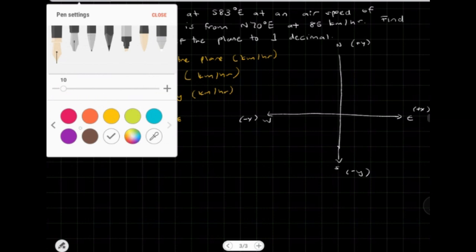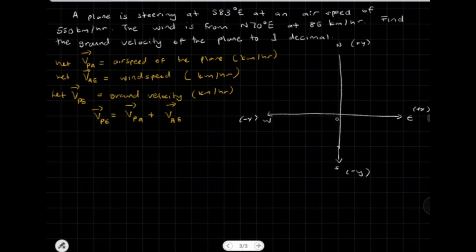So starting at south and going 83 degrees east, I'm going this way. This is the velocity of my plane relative to the air, and this value here is 550 kilometers an hour. We can understand that this angle here is 7 degrees because this angle here is 83 degrees.